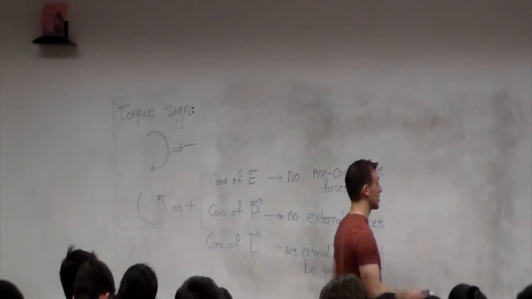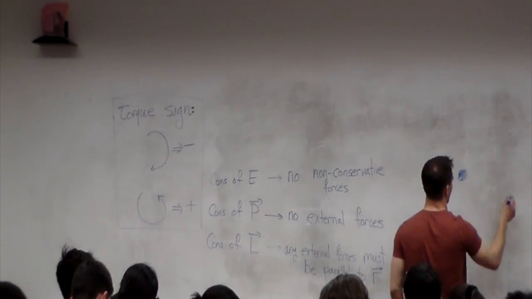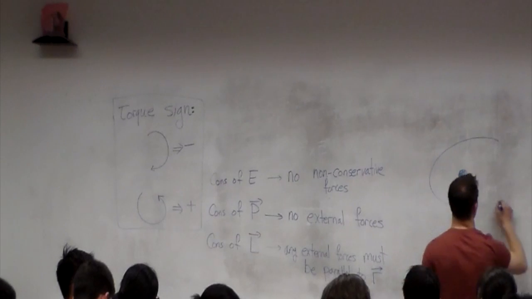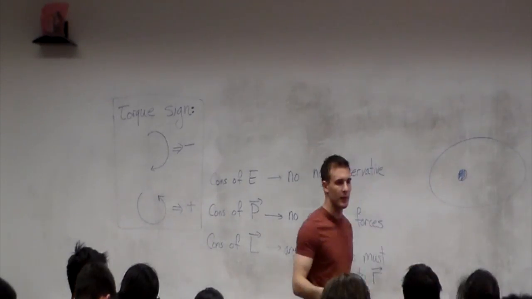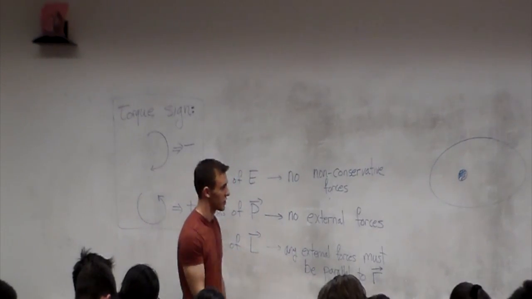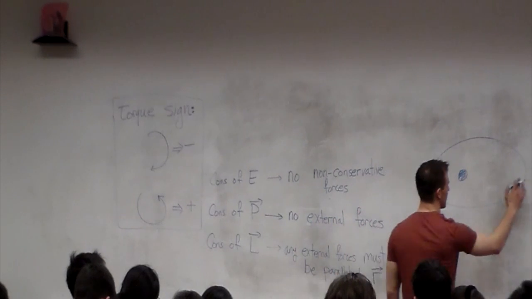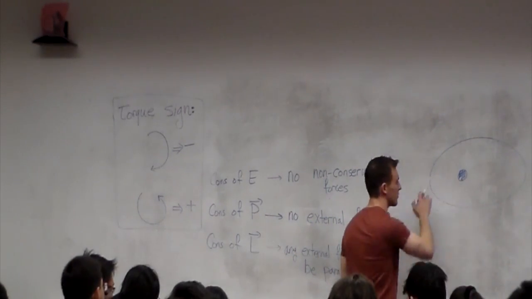Take a planet in an elliptical orbit, or a moon, or a black hole or something, and a moon whose orbit looks like this. Not only is its direction constantly changing, but even its speed is changing. Out here, it's moving slowly, and here, it's moving quickly.